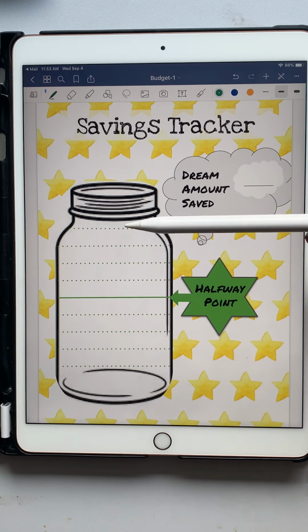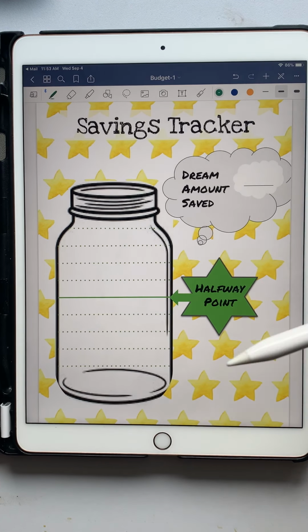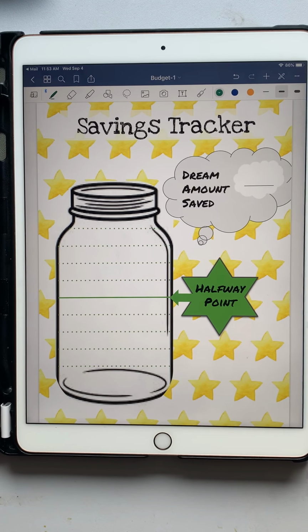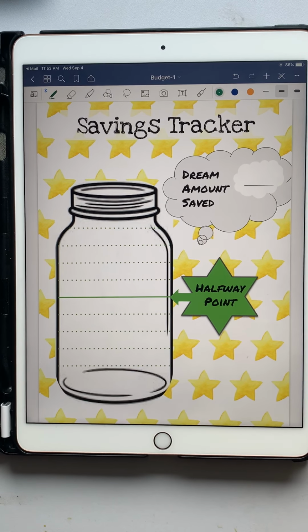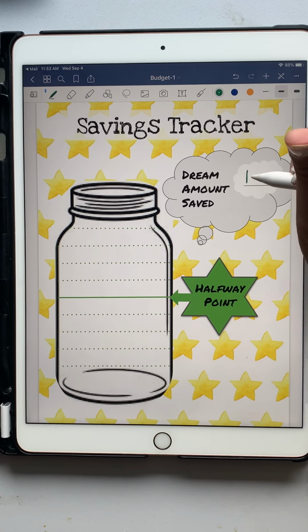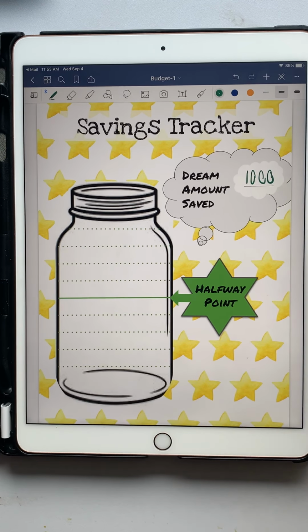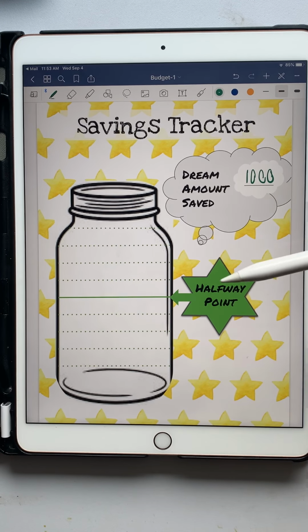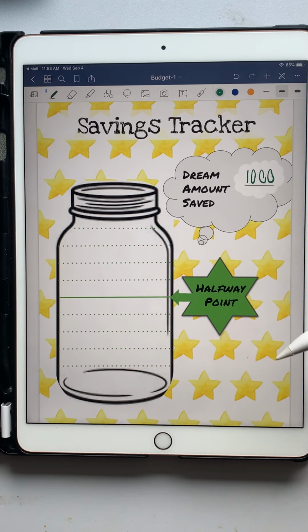It could just be you really want a new iPad, and so you're saving up for that. Whatever it is, you can put your dream amount saved, or your goal. So maybe your goal is to save $1,000 for that new phone, that new PlayStation, that new dress, whatever it is.